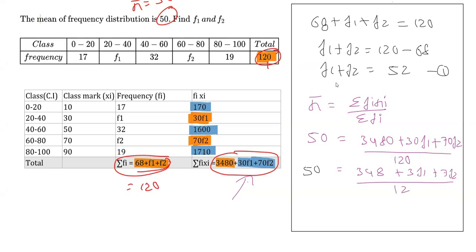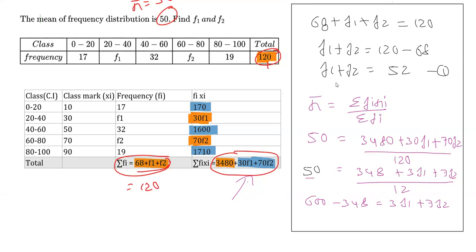Next we'll do cross multiplication. So 5 into 12 is 60, and then I'm bringing this number to the left. It will get subtracted, minus 348, equal to 3 times F1 plus 7 times F2.